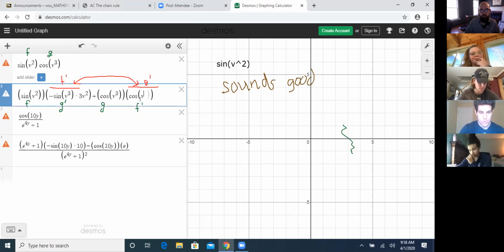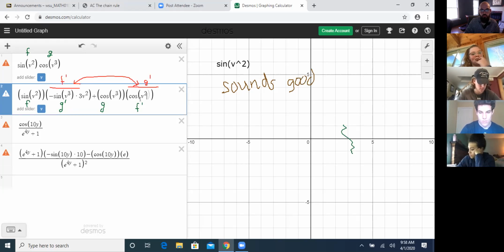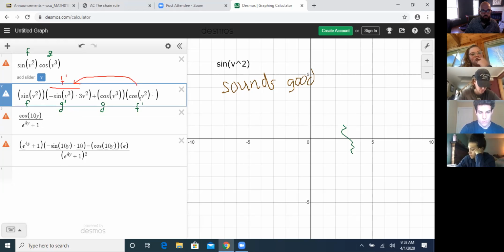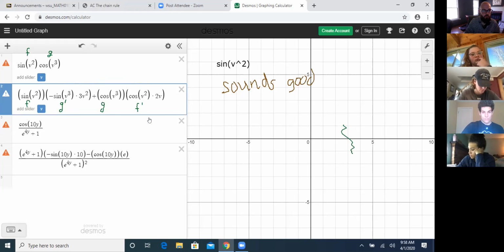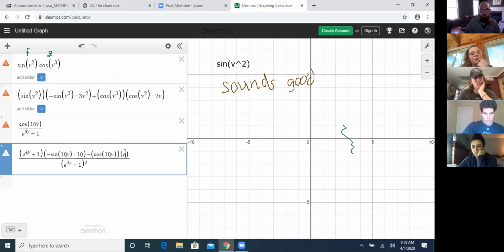Yeah. So this one. How would we do the derivative of e to the 4y on this one down here? That one's going to be a chain rule again, right? Your outside function is e to the x, and your inside function is 4y.